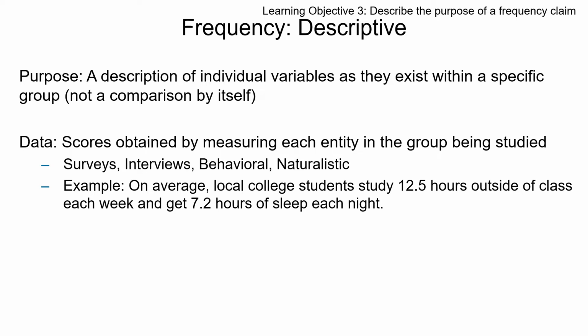It can be surveys, interviews, behavioralistic, naturalistic, so observational. All of these are things where you can get a description of an individual variable. You can even have true experiments where within the experiment you are measuring a behavior or a behavioral variable, and that variable becomes a descriptive or a frequency.